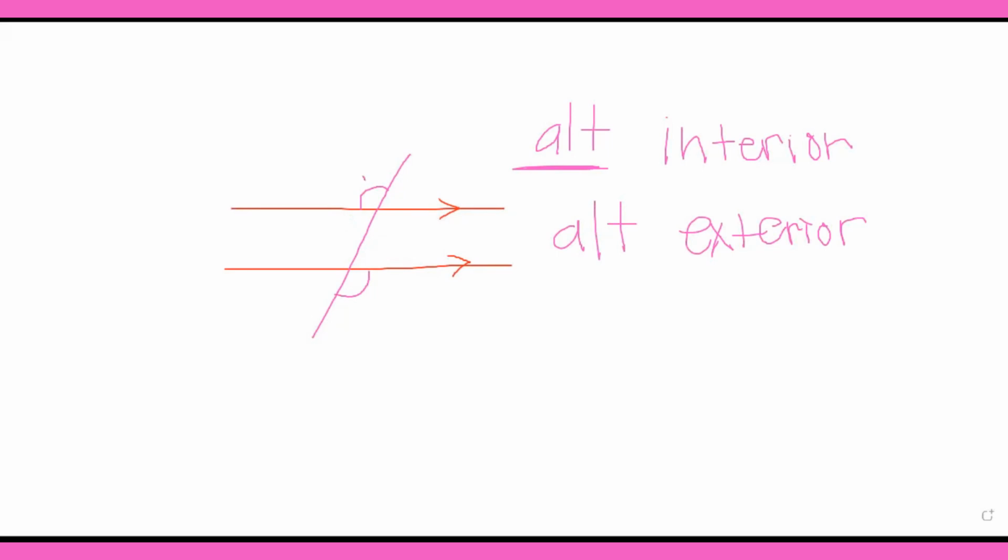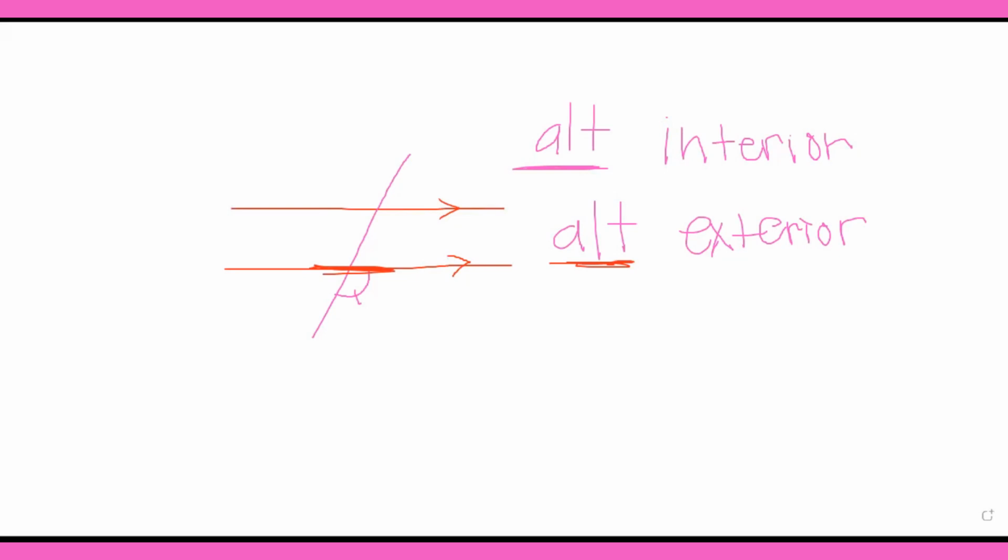So exterior would be I am on the outside of the two lines that I care about. So that would be alternate exterior, and those are also congruent.